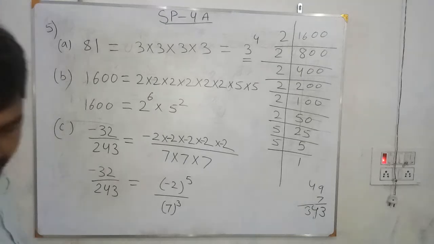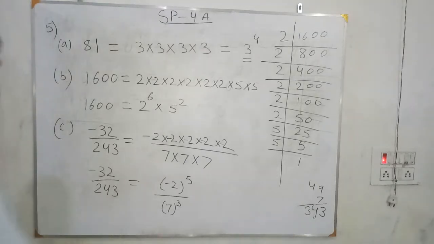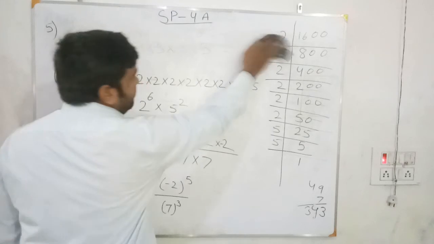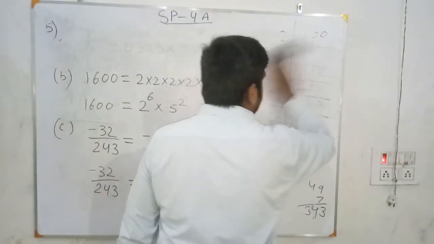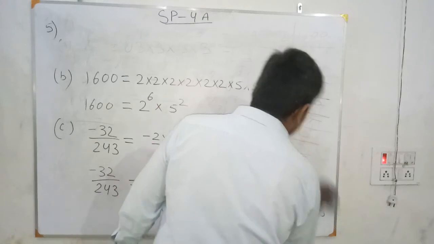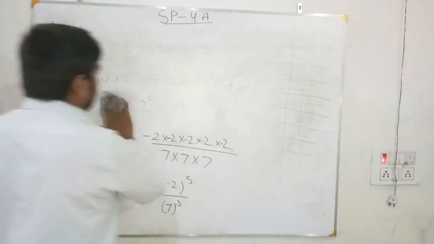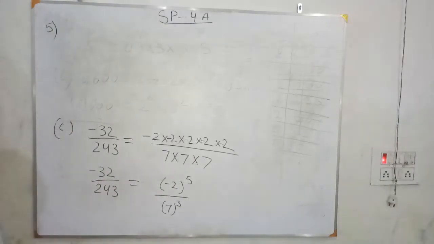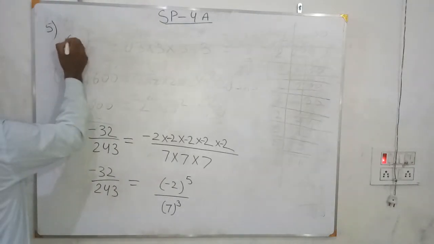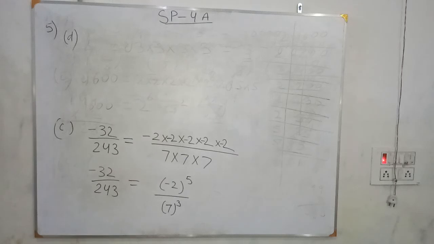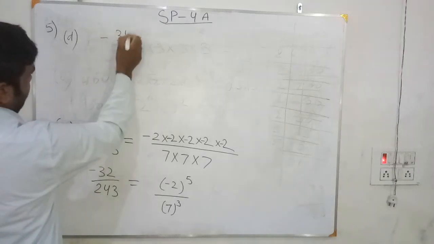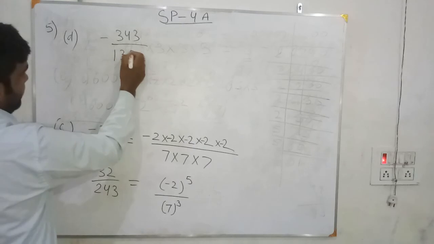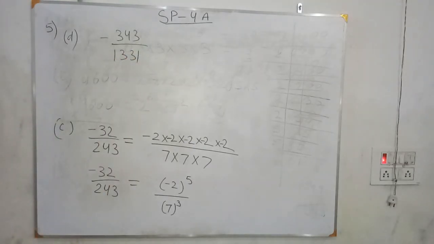Next question is D: -343 upon 1331. Yes, so 343 again. 343 is the cube of 7.